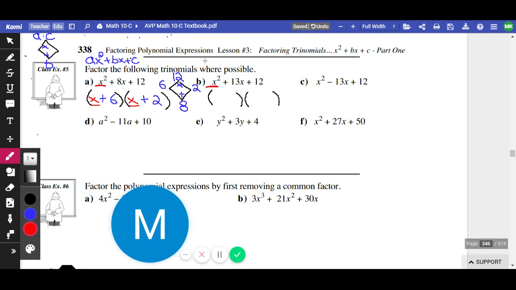So we need it to be x squared. That means the first terms must have been x and x, because those multiplied together would create x squared. The side numbers, the second term in each binomial, come from your diamond method. You draw a diamond.